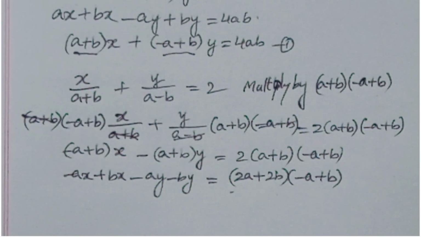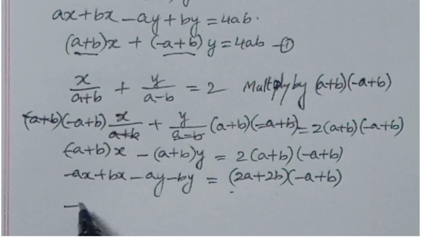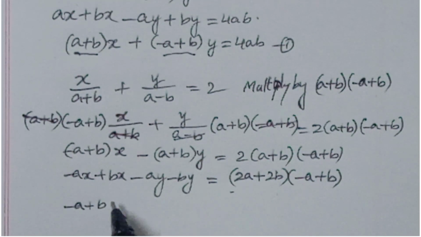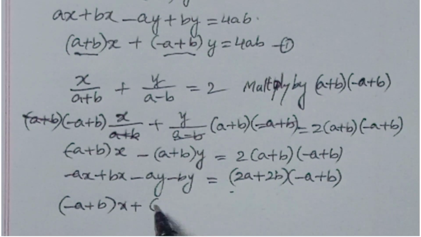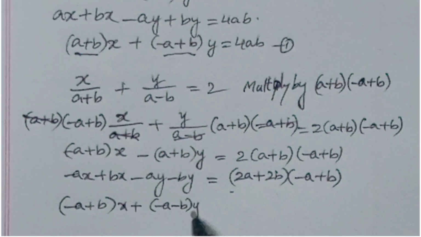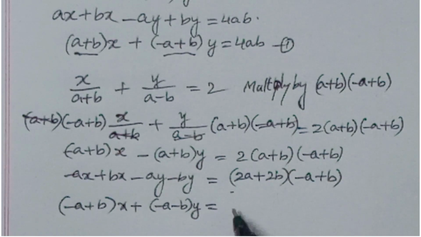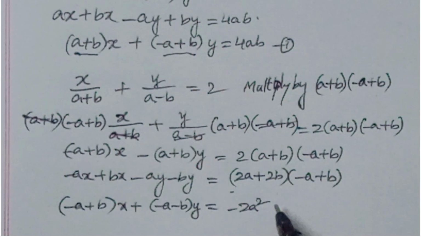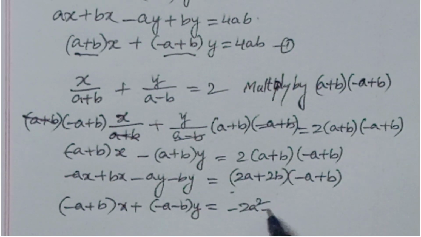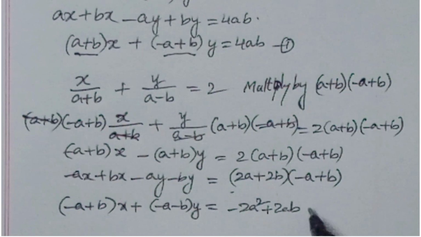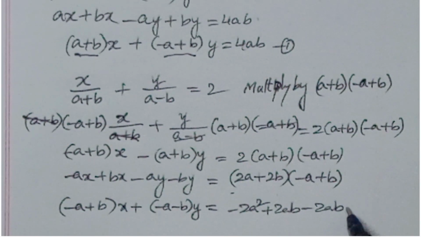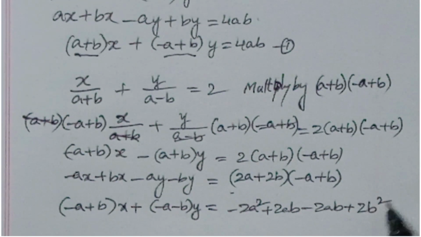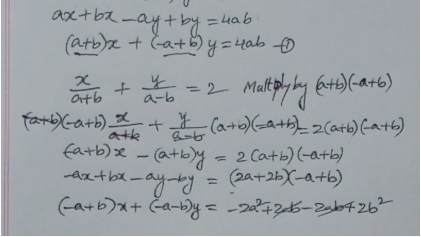So here you can write it as (-a+b)x + (-a-b)y = -2a² + 2ab - 2ab + 2b². 2ab gets cancelled.